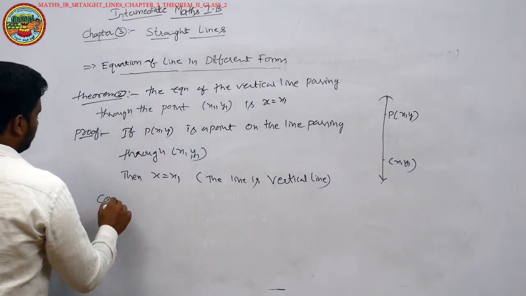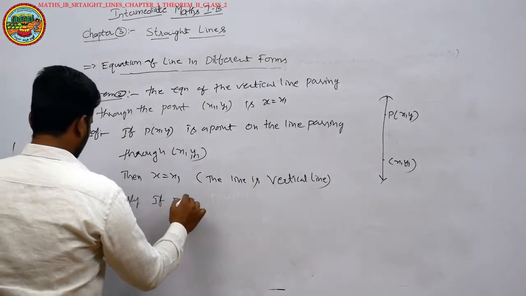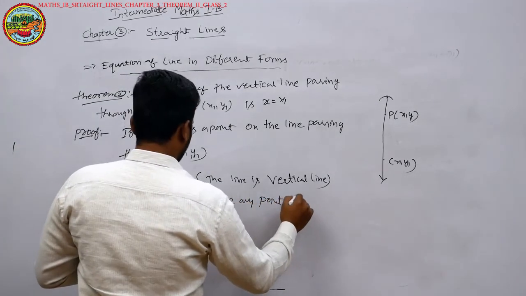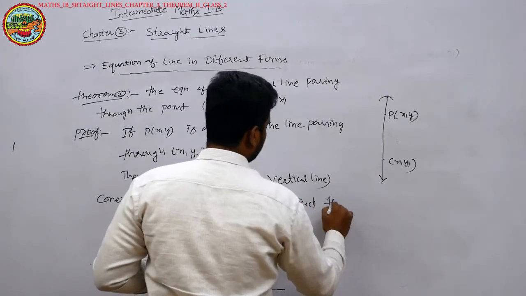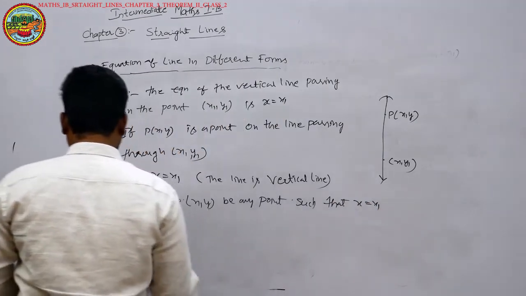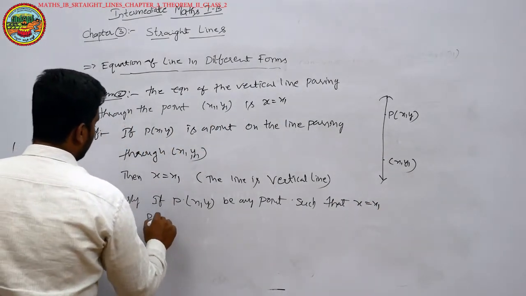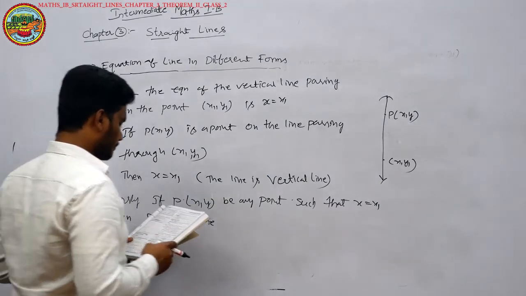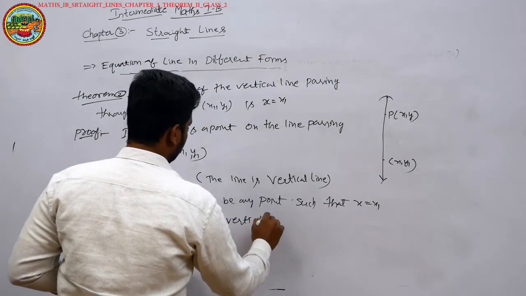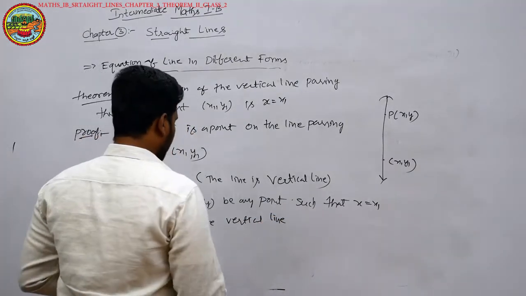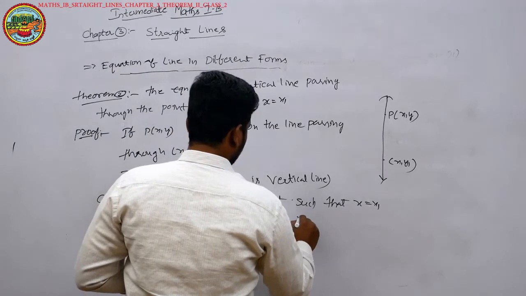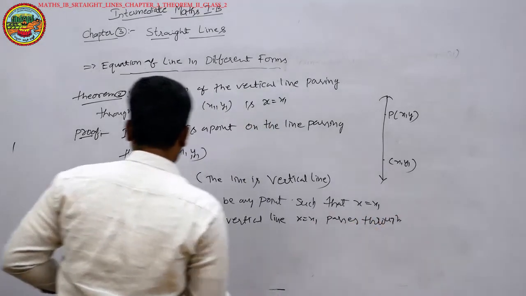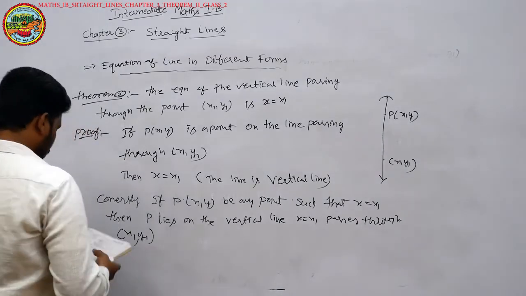So conversely, if P x comma y is any point such that x is equal to x1, then P lies on the vertical line x is equal to x1, which passes through the point x1 comma y1.